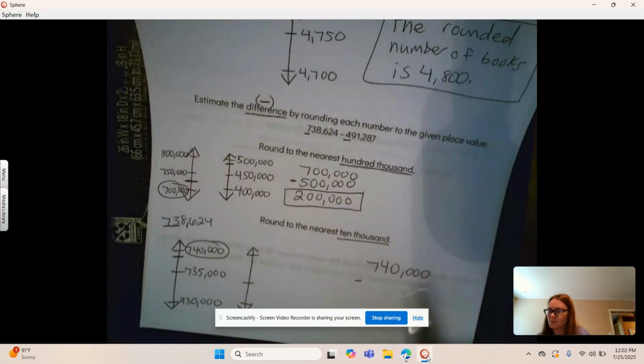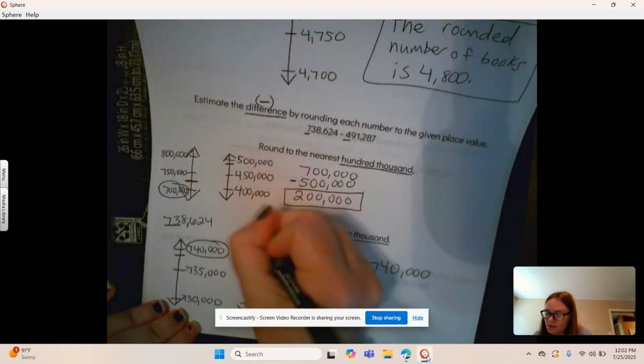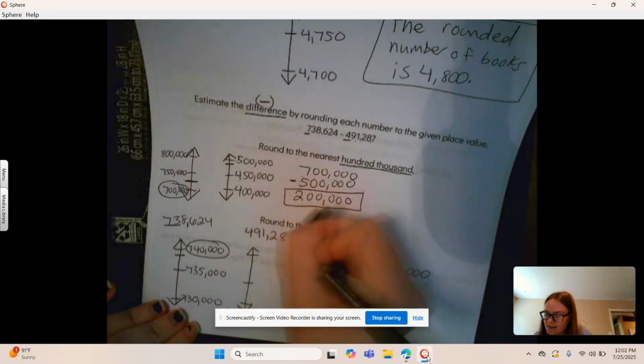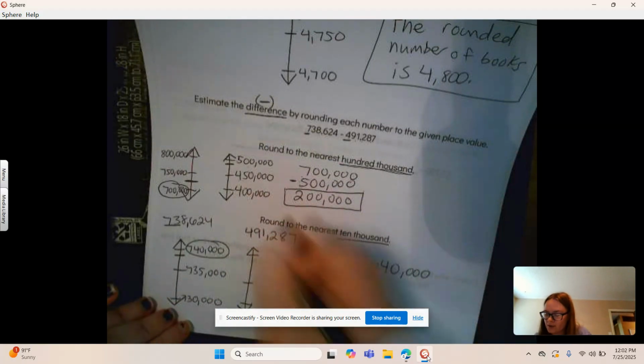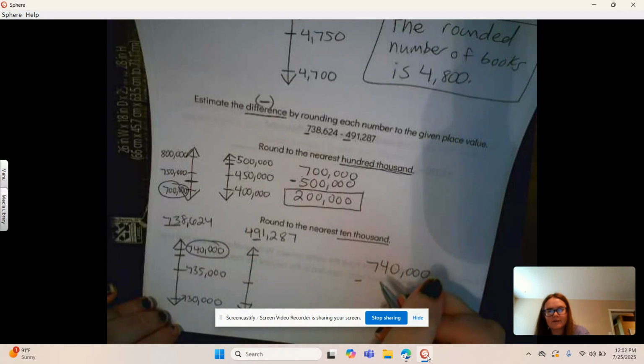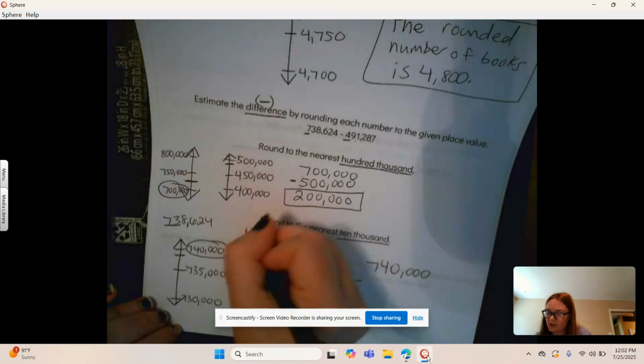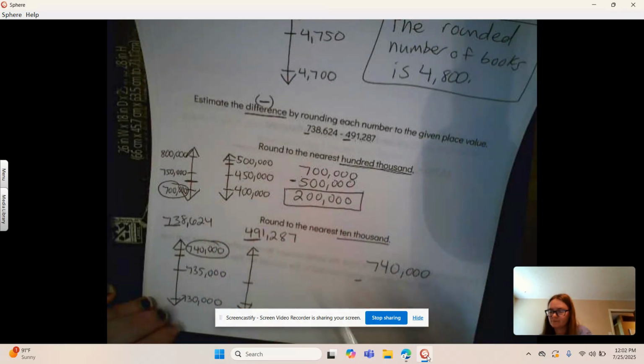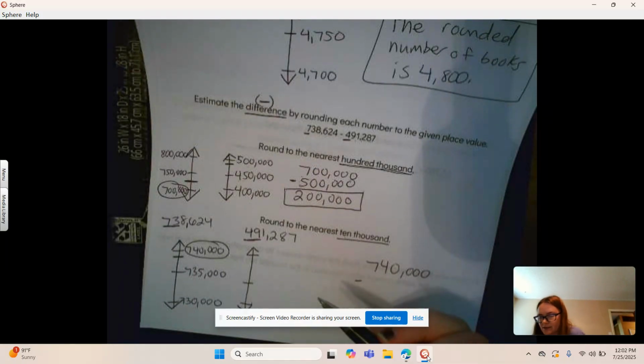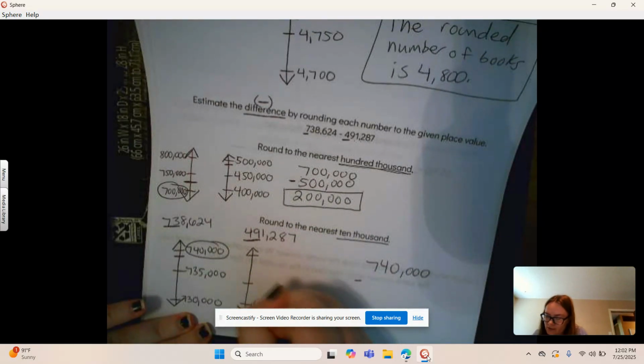Okay, our next number is 491,287. Let's go ahead and underline our 10,000s, please. Is there anything to the left of that number? Yes, so we're going to go ahead and underline that as well. All right, how many 10,000s are in this number? 49 10,000s. Good.